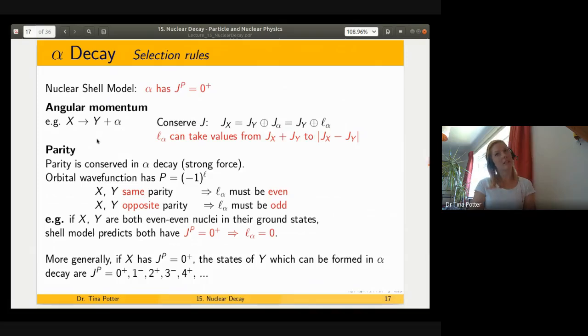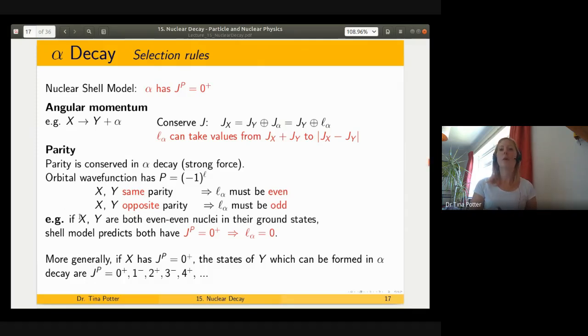What about the parity? The parity depends on the orbital angular momentum that the alpha particle is emitted with. So if our parent and daughter nucleus both have the same parity, that means, of course, that we're going to have an even parity alpha particle, i.e. its L is even. If they've got opposite parity, flip that on its head, it means that we're going to have an odd parity alpha particle and its L is odd.